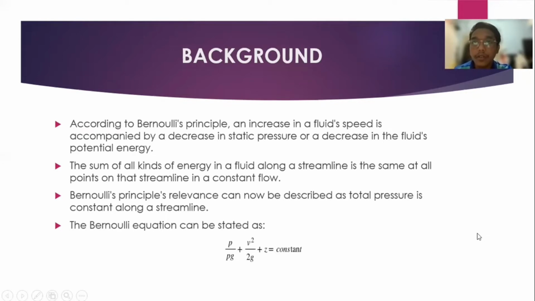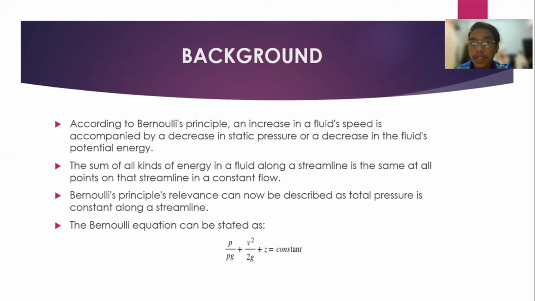For the background, according to the Bernoulli principle, an increase in a fluid's speed is accompanied by a decrease in static pressure or a decrease in the fluid's potential energy.